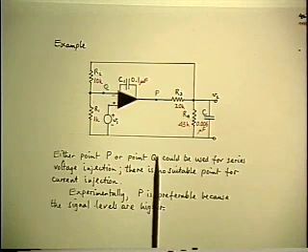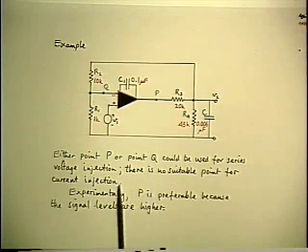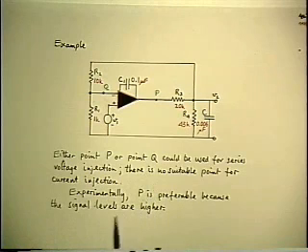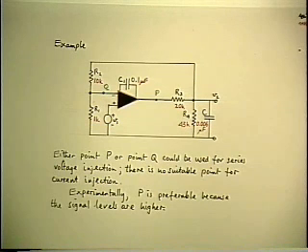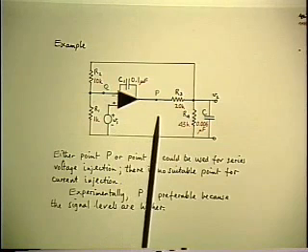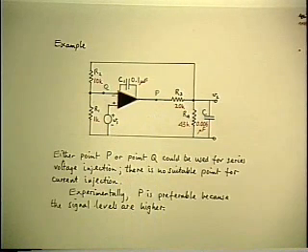So all we have to do at this point is do the analysis first to predict the loop gain, because as I've already mentioned, you always want to do that in advance. Otherwise, you may waste a lot of time taking measurements that turn out to be useless. So you always should have an idea what to expect before you start. So all we'll do with this is we'll do the analysis to find out what the predicted loop gain is.